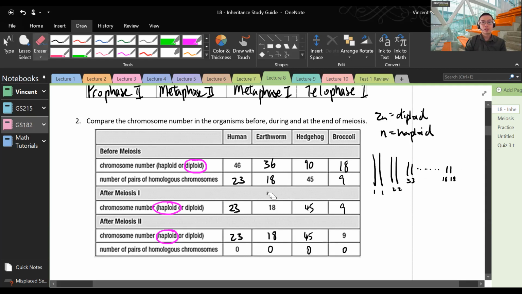Okay. So now what happens is after meiosis 1, well, first of all, you're going to double these things, right? You're going to duplicate them. So you're going to have X, X, X, X, and so on. Okay, they get smaller and smaller. But this is still going to be counted as 1 chromosome, 2 chromosomes. So this doesn't change after DNA replication.